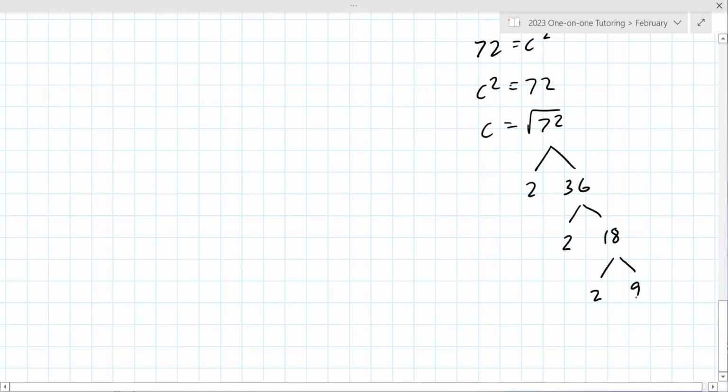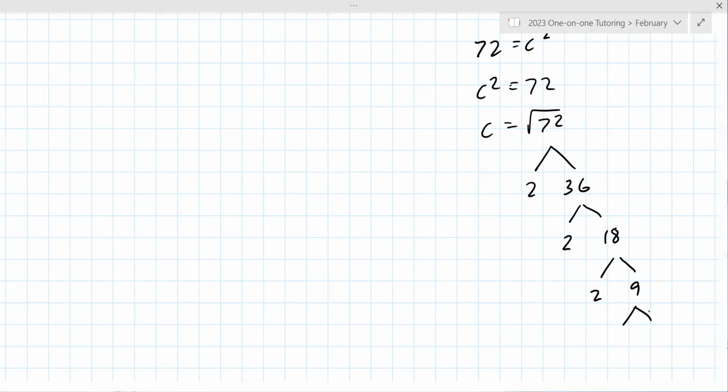Yes, it's 9. Is 9 divisible by 2? No. Is it divisible by 3? Yes. 3 and 3.